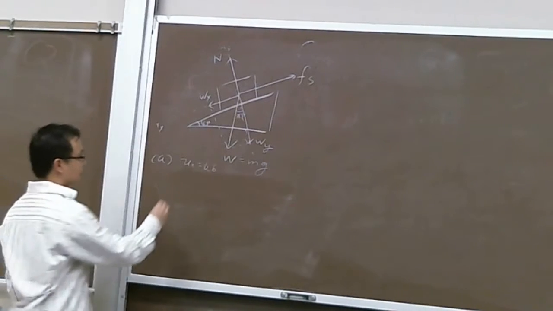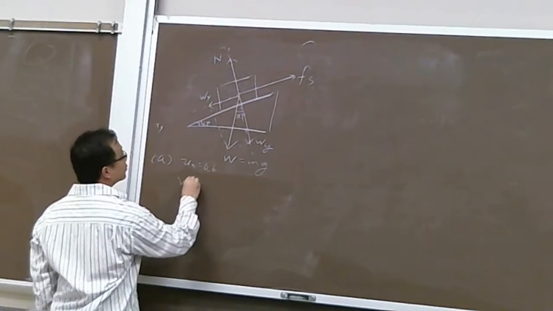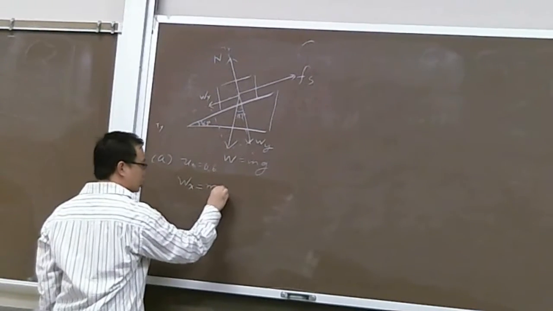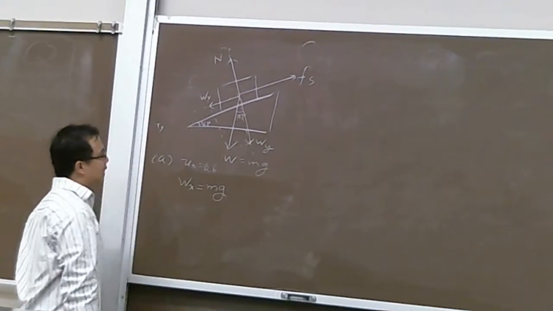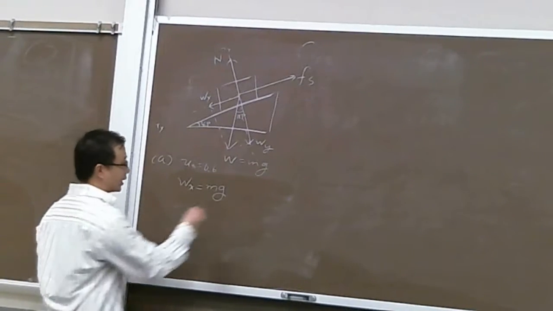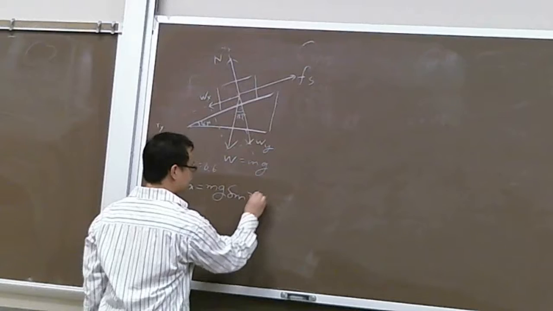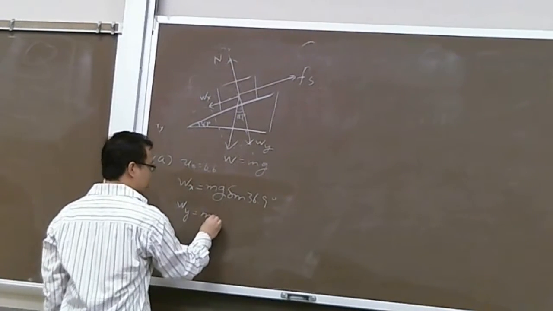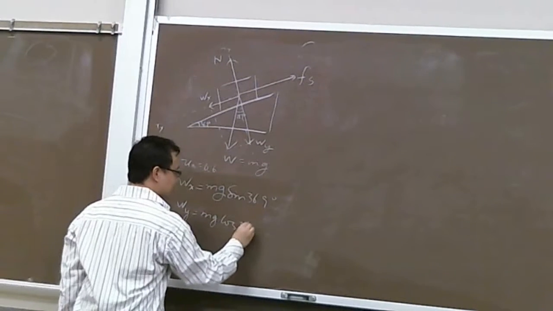So that means Wx equals W, or mg, multiplied by sine or cosine? Sine. Wy equals mg multiplied by cosine 36.9.